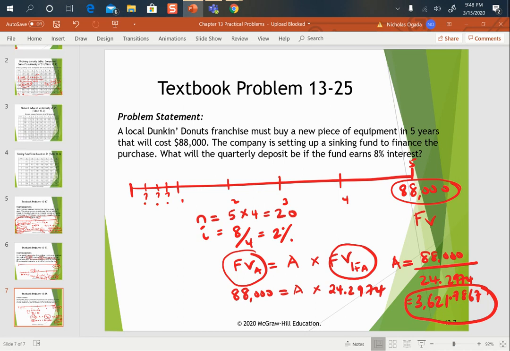So again, I just did this from a mathematical point of view. Otherwise, what you need to do is to go to the table and determine what our sinking fund factor is.